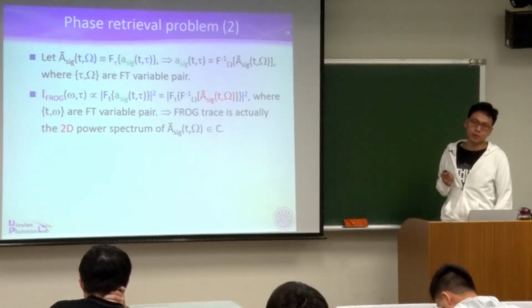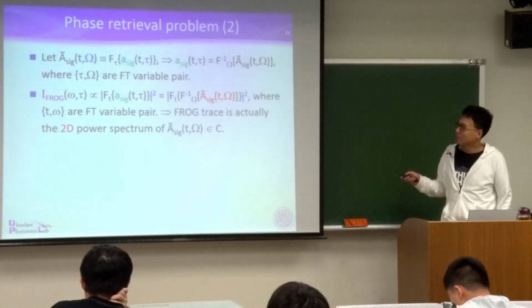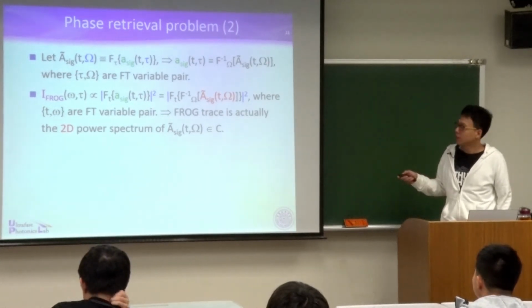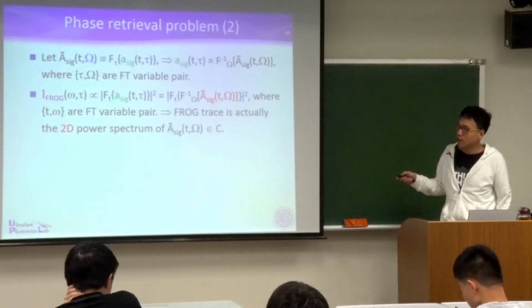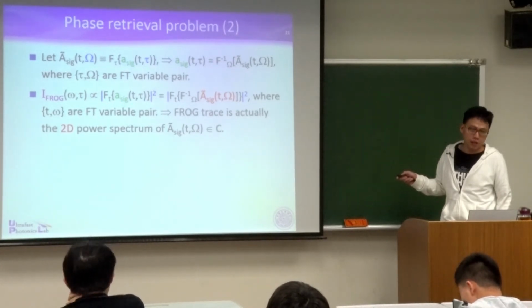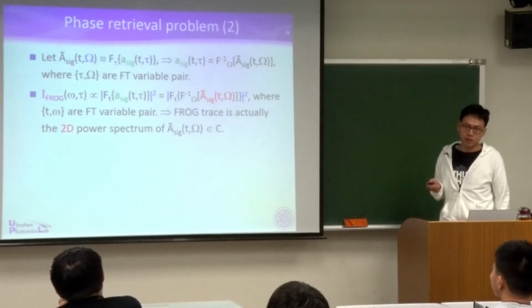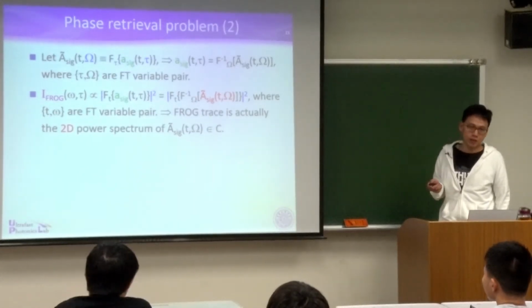Then what is the FROG trace? By definition, it's this, right? We have seen this many times. The Fourier transform of A sub sig, but with respect to variable small t, and then taking the absolute square. That is the representation of the FROG trace, right?